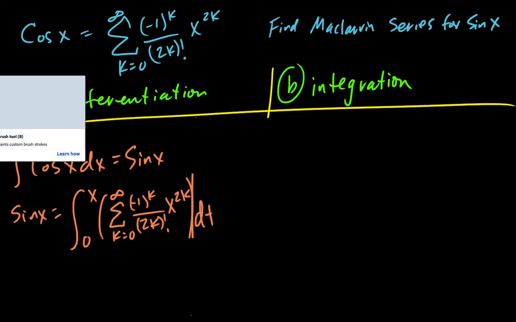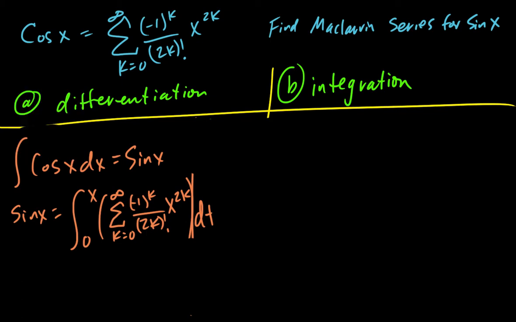Now, we can pull out the summation to the outside, and whoops, this x should be a t. And there we go. We can pull the summation out and just look at it like this.